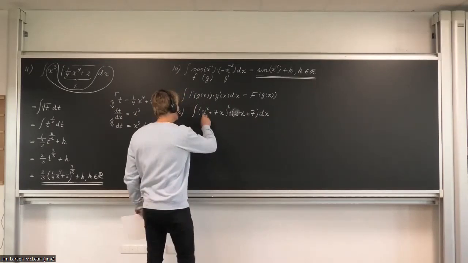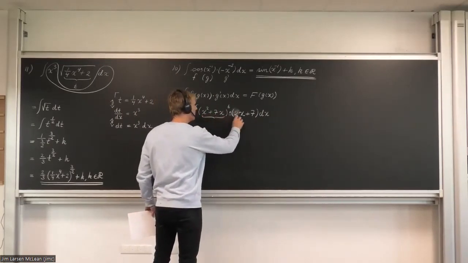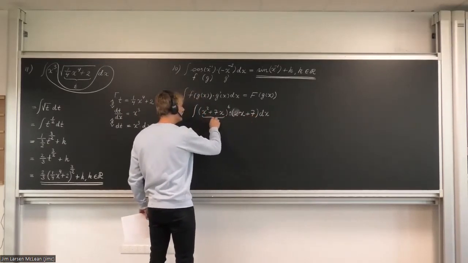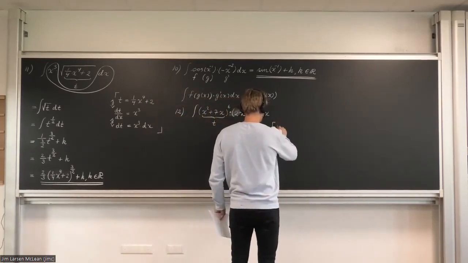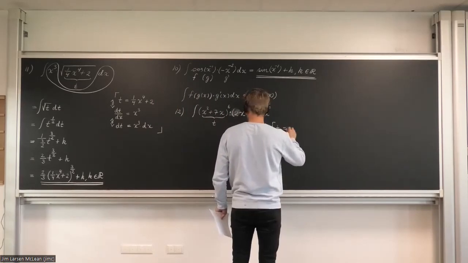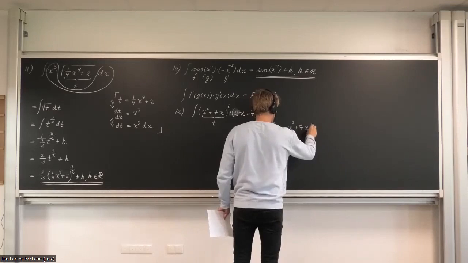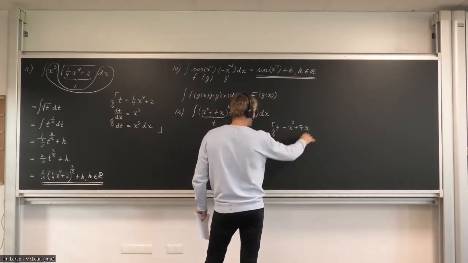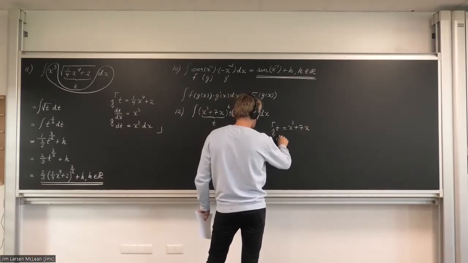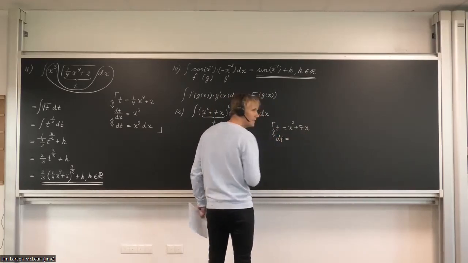Because what we discover is that if you differentiate this, you get that. So I set that to t and make my substitution. So that's the start of the thought process. I call t x squared plus 7x. Then I differentiate t with respect to x and multiply dx on the other side. So I'll just skip a step and find dt.